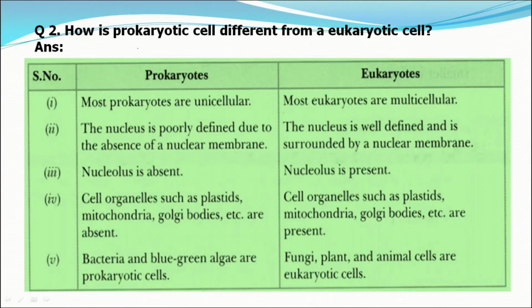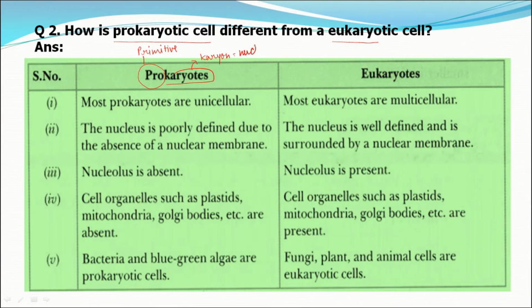Your next question is, how is a prokaryotic cell different from a eukaryotic cell? That means here you need to note down the differences between prokaryotic cell and eukaryotic cell. As we have already discussed, pro means primitive, and the word karyote is derived from karyon, which means nucleus.